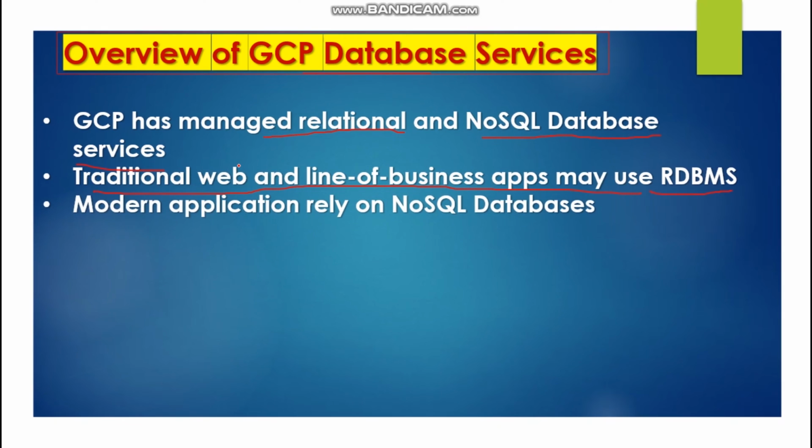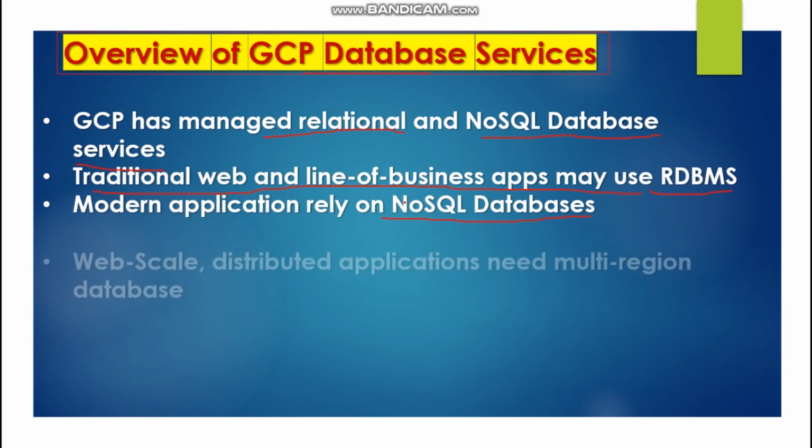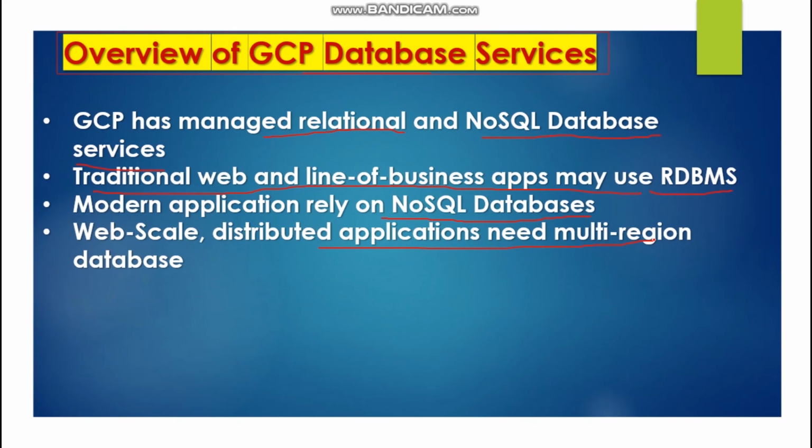And as you know, the IT industry is adopting new changes, and one of them is switching to NoSQL databases. And this we call a modern application, which is very well supported by GCP database services. Web scale distributed applications need multi-region databases. This is required for better availability and faster processing, right?